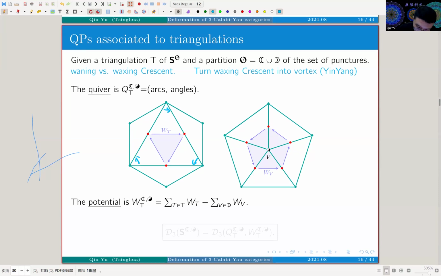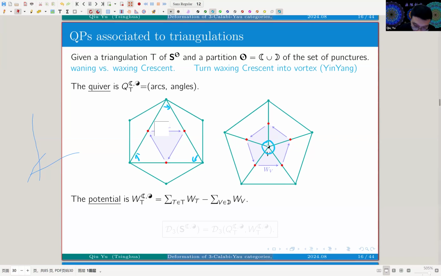And then for each puncture in the interior, in the cluster story, we just say that for each puncture there's an anticlockwise cycle, and you always subtract this cycle in the potential. But now what we want to do is divide the punctures into two sets. We will only deform one of them, so here we will add Z2 symmetry.